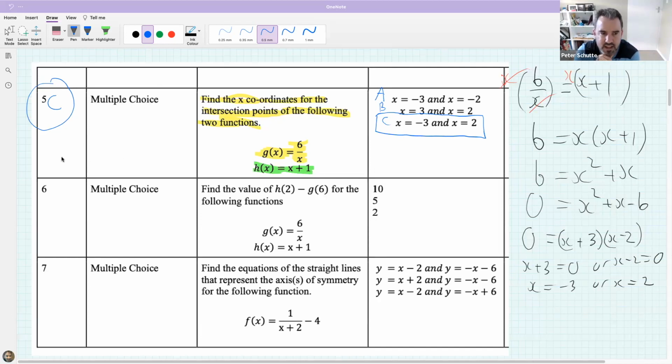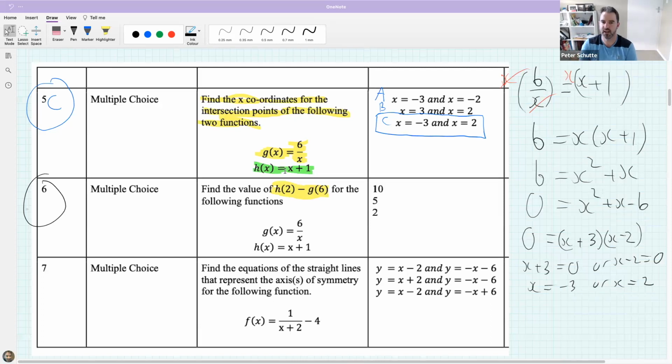Okay, let's see. Again, if I'm going too fast, please do let me know in the chat. But otherwise, let's go on to number 6, where you have to evaluate using function notation. What is the h of 2 minus the g of 6?